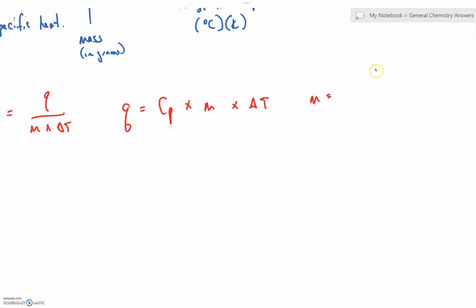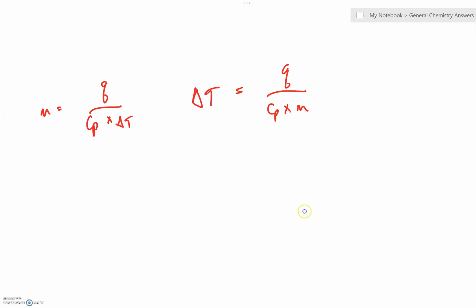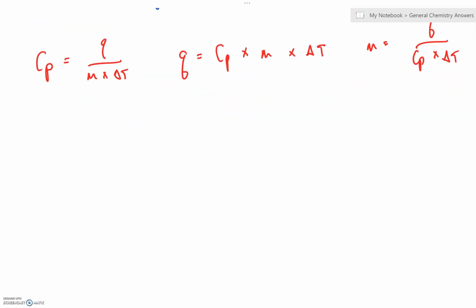Mass is going to be equal to Q over Cp times delta T, or you could even use it to find delta T. You could say that delta T, the change in temperature, is equal to Q over Cp times M. So I'll give you a couple of examples, and then I'll stop and let you guys try this yourselves.